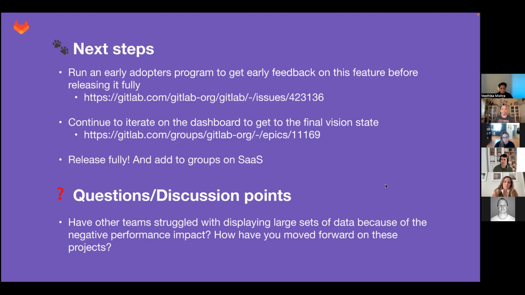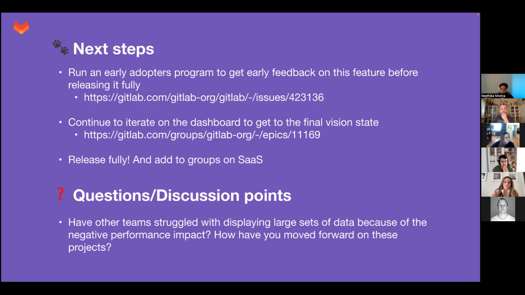And then we'll continue to get feedback from them. And then we have a lot more iterations on the dashboard to get to that final vision state, as well as new features to add in the future. And I've linked both those epics in our document. And then lastly, obviously, we want to release fully. And we especially want to add this to groups on GitLab.com on the SaaS program.